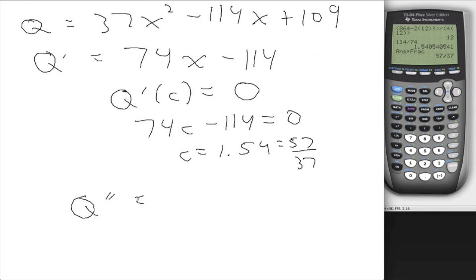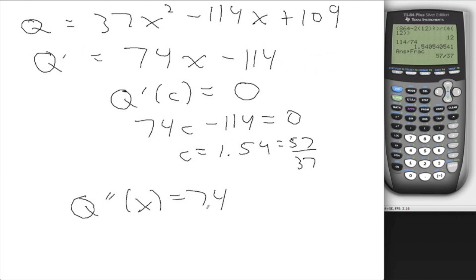So the second derivative is 74, which is positive. So that's not good. Wait, no, we're trying to minimize. That's right. Okay. So we're concave up. And yeah, so that proves that 1.54 is concave up, so it's a minimum.